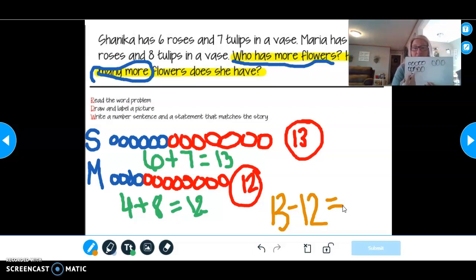Okay, so I have 13 circles and I'm going to cross off 12 of them. So there's 5, 10, 11, 12. So I only have 1 left, which means that Shanika has one more flower than Maria.